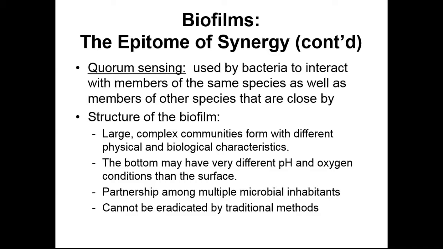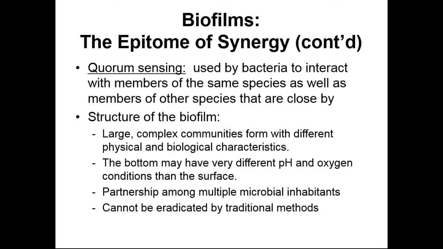With quorum sensing, when we reach a threshold minimum concentration of bacteria, all of a sudden, when we go above that concentration, the bacteria start acting differently when compared to when they were below the population concentration.